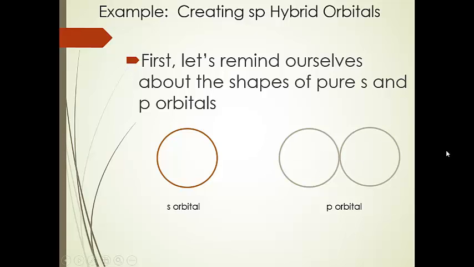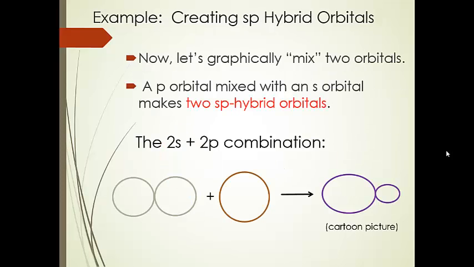But either way, we're talking about pure p and s orbitals. Now, this is a little bit simpler scenario. So these are sp hybrids. We'll go over all of these at the very end so that you can put this whole picture together. But right now, let's go ahead and mix only one of the p orbitals and the 2s orbital to get two hybrid orbitals.